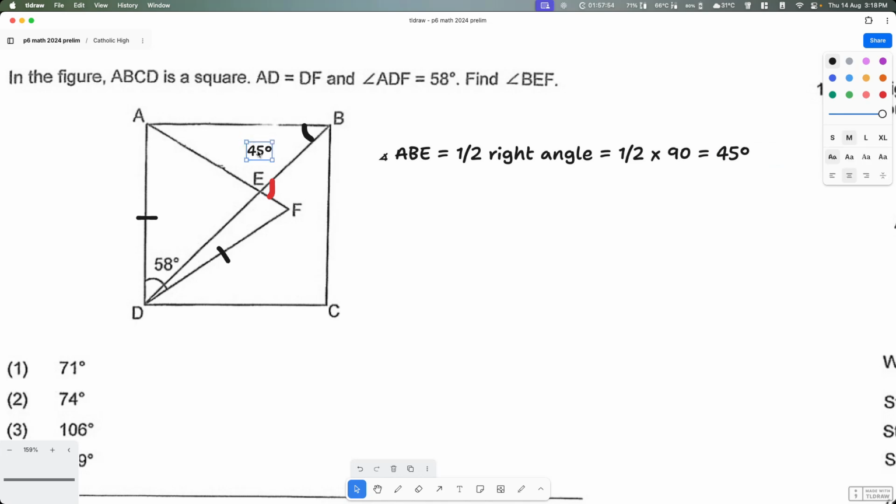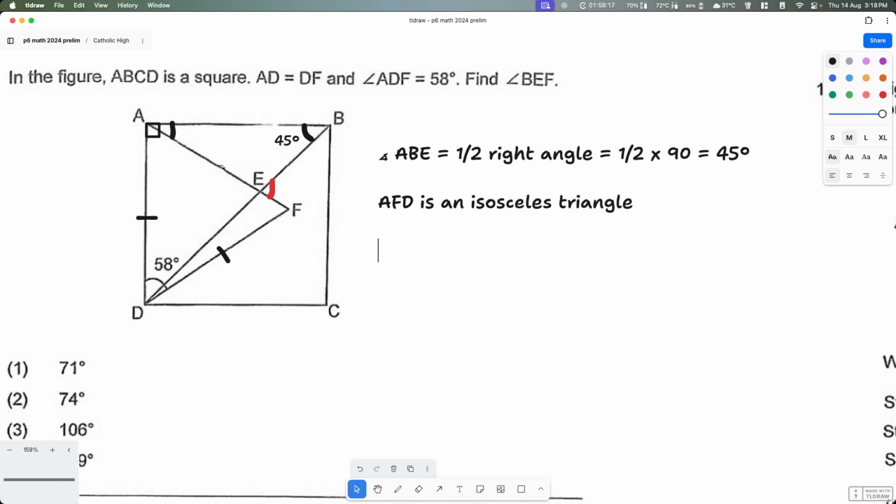The next one is how do we get this angle over here? So we know that this is a square, so we know that this angle is a 90-degree angle, and we know that this AFD is an isosceles triangle.